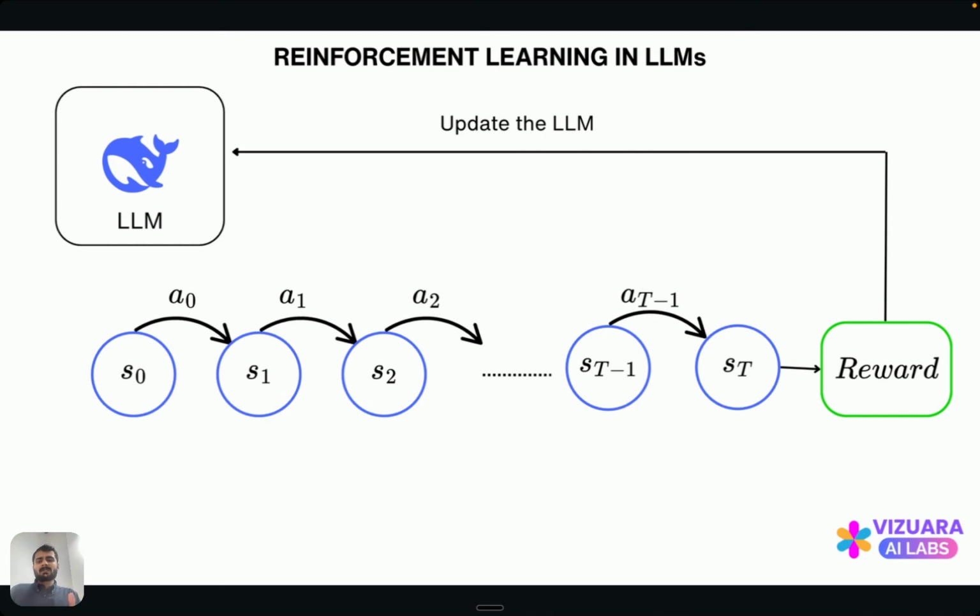And this can be depicted in the traditional state action diagram where you go from S0, S1, S2, and so on, and then at the end, the LLM is receiving a reward. And depending on the reward received, you update the LLM and make the predictions better.